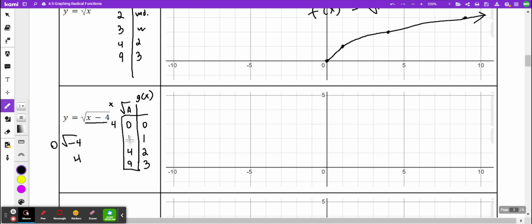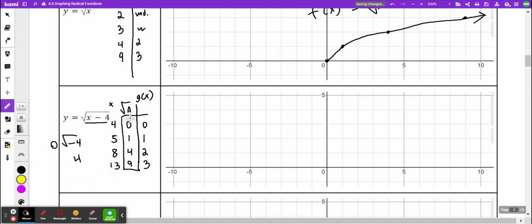If I want 1, I'm going to have to plug in 5. 5 minus 4 is 1, and the square root of 1 is 1. If I want 4, what minus 4 is 4? 8. So 8, 2. And if I want 9, I'm going to plug in 13.